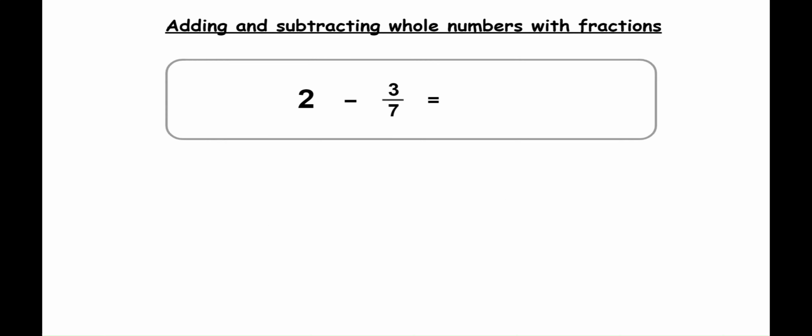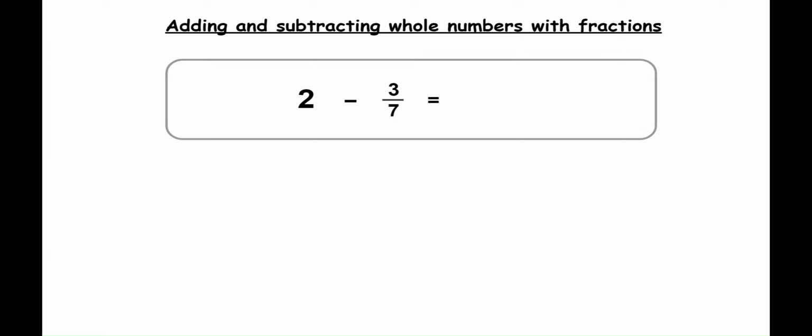This time, we're going to subtract 3 over 7 from 2. So, remember, our whole number needs to have two things as a fraction. The fraction needs to have the same denominator as the other fraction, and also the numerator of the fraction we're creating divided by the denominator of the fraction we're creating needs to equal the whole number, 2.